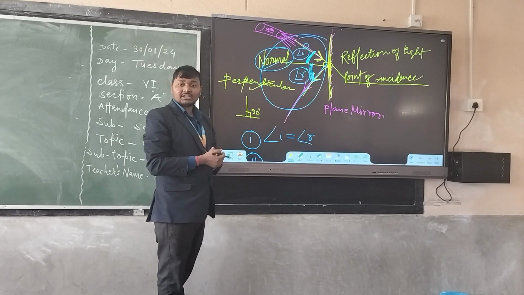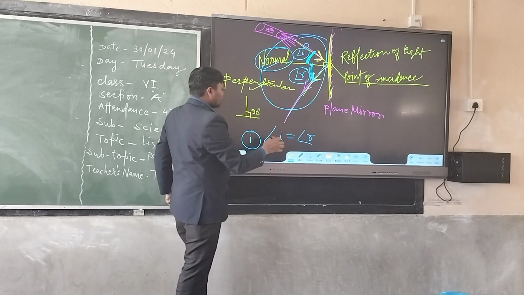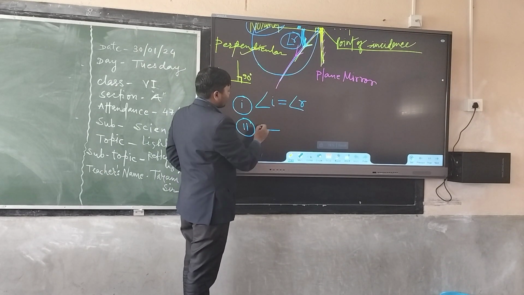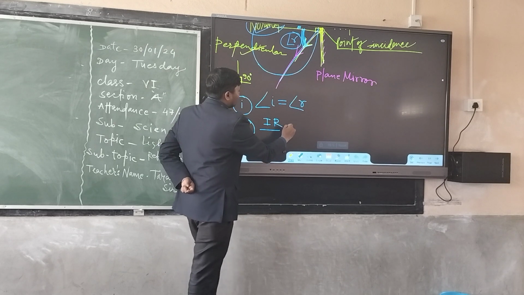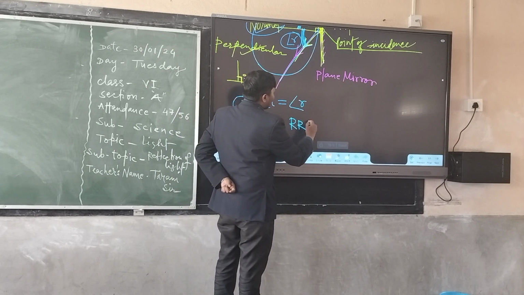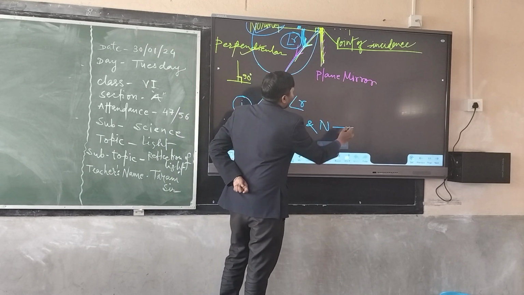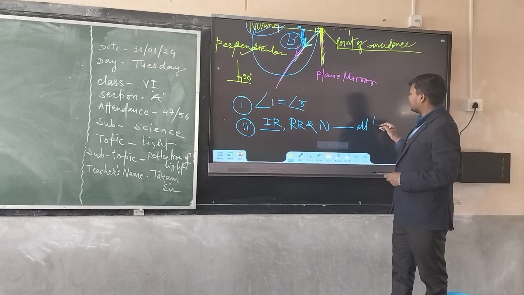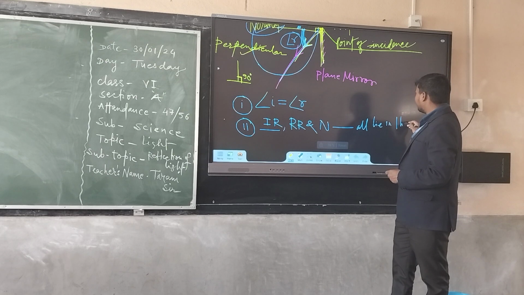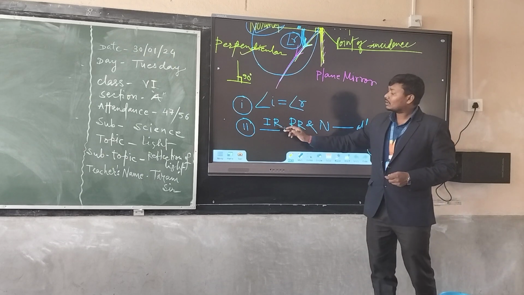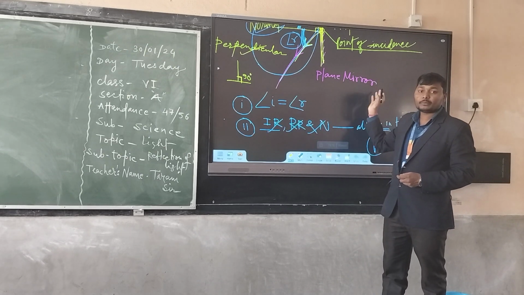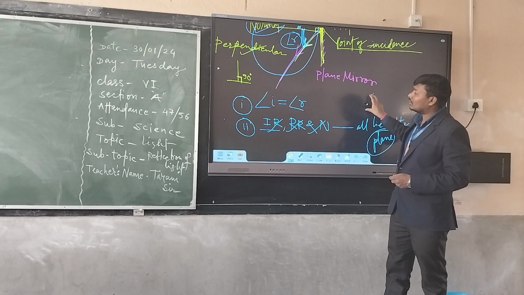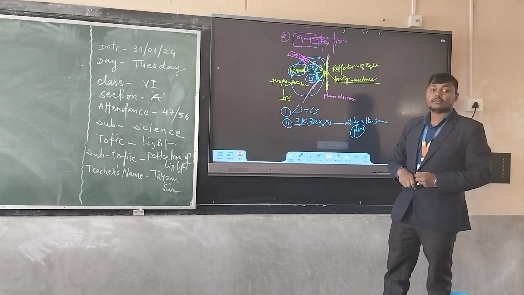No. So the second law is that the incident ray, reflected ray, and normal all lie in the same plane. Same plane means they are not crossing the surface of the mirror.